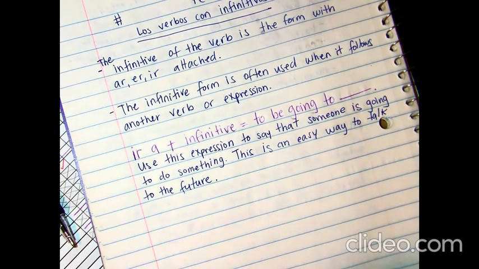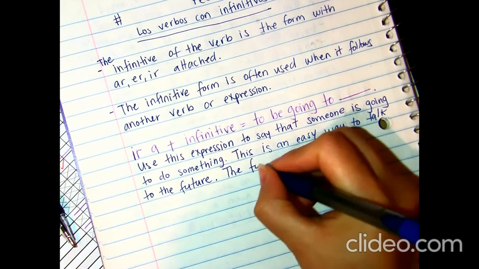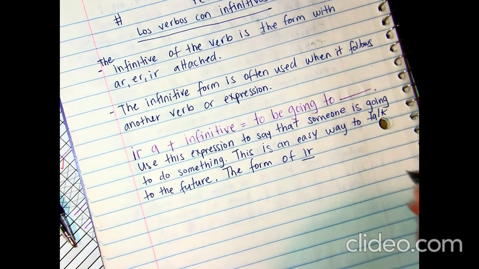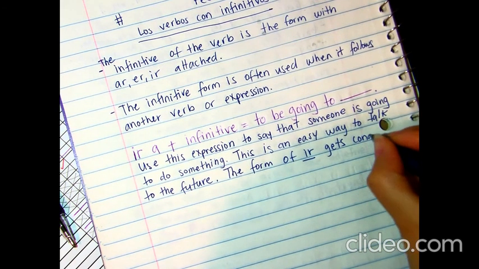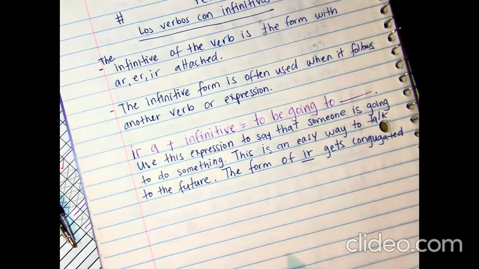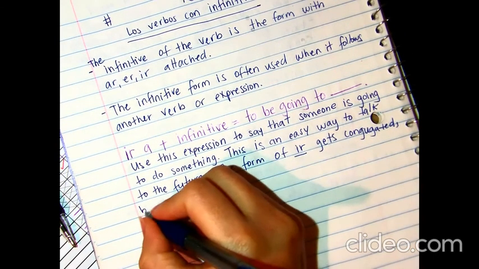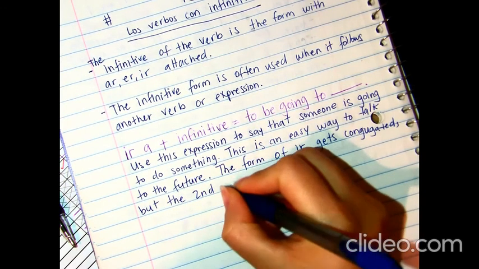So, here's what's going to happen. The form of the verb ir gets conjugated, but the second verb doesn't.